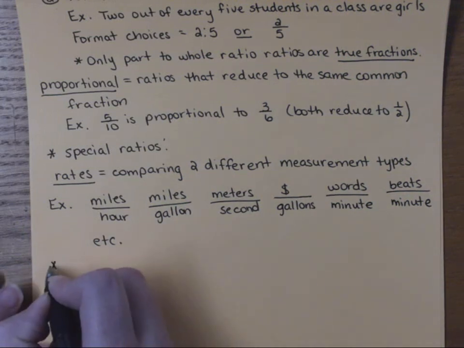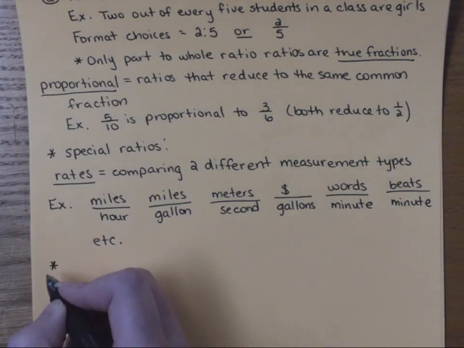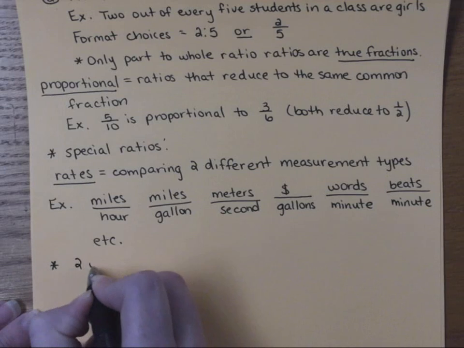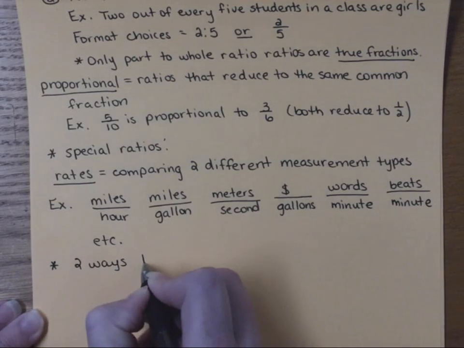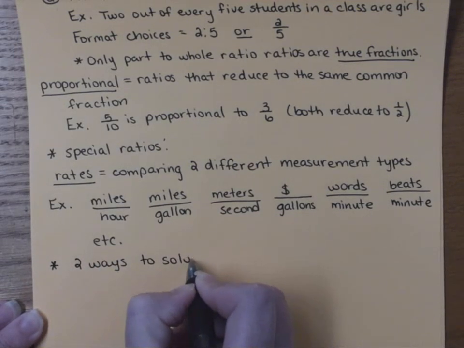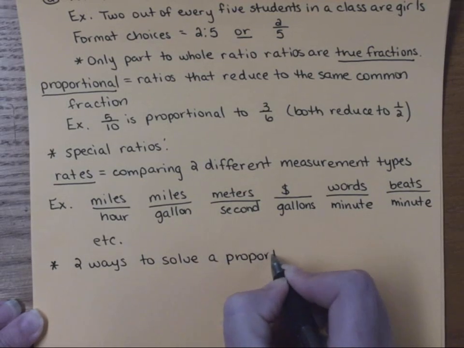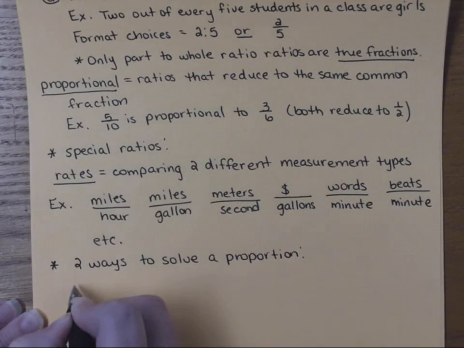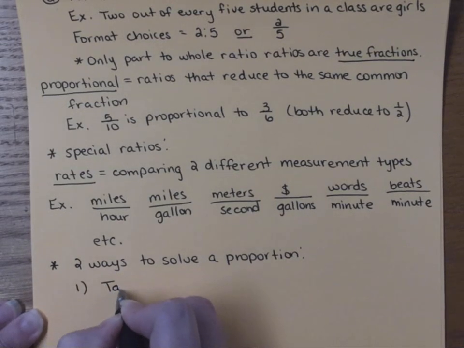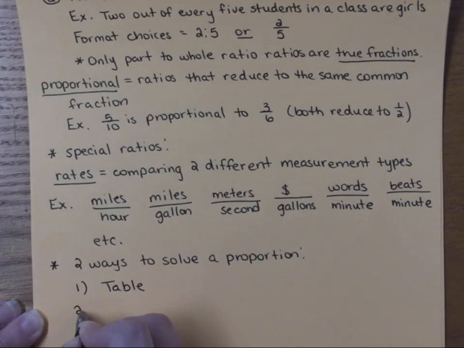All right, so in this class, we're going to discuss two main ways to solve a proportion, and I want you to know how to do both. Because drawing a picture like we did for that block exercise a bit ago is not always going to be practical. And we kind of saw that when we got to the last one where there were 50 blue, right? I don't want to draw 50 blue blocks.